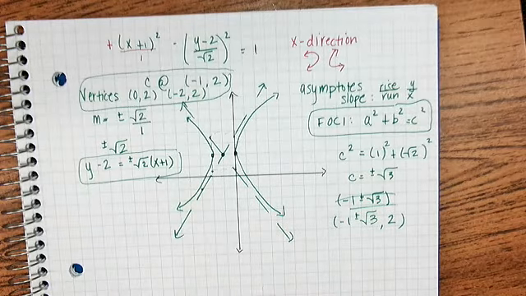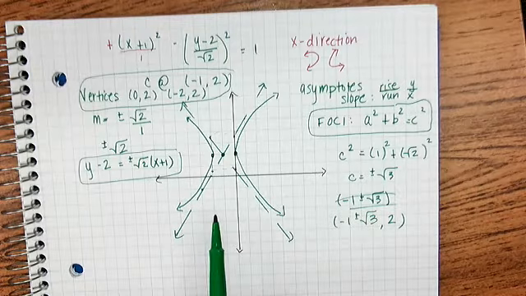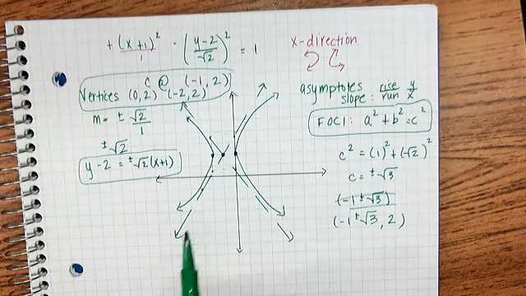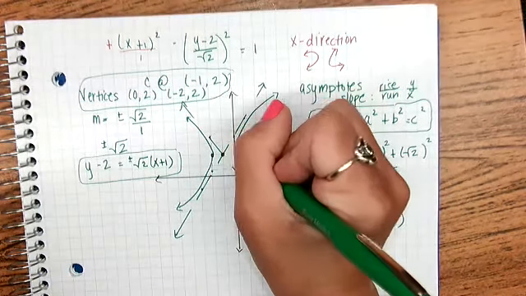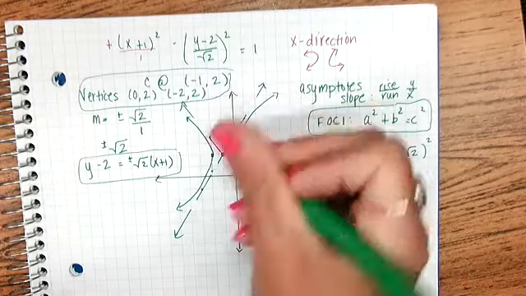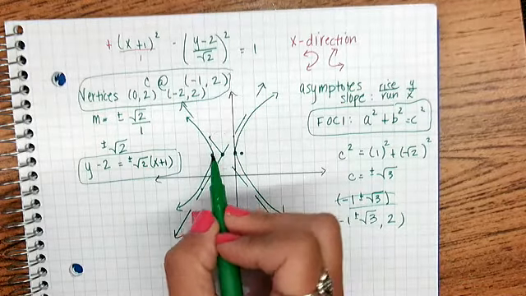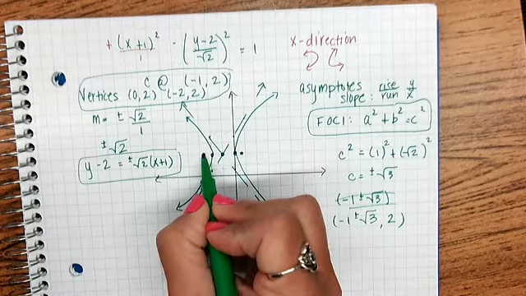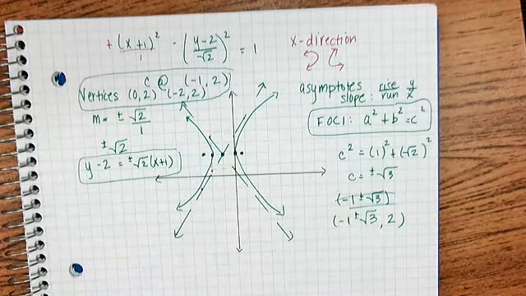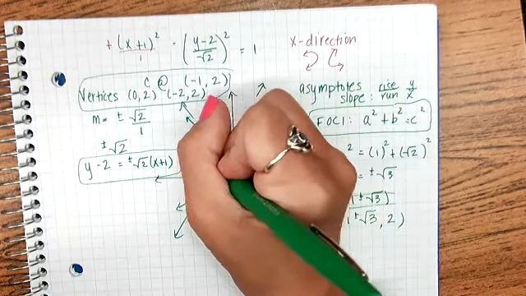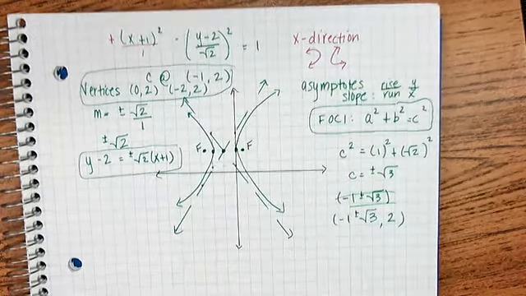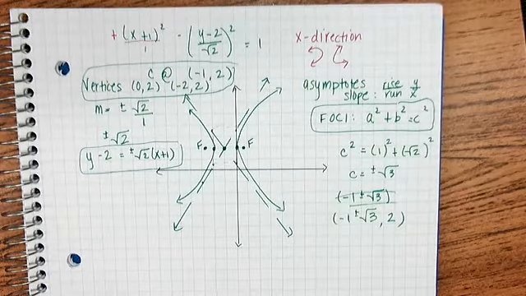Root 3 is 1.7, really close to my vertices. So -1 plus root 3 is like here-ish, and -1 minus root 3 is like there-ish. And those are your foci. That is a hyperbola.